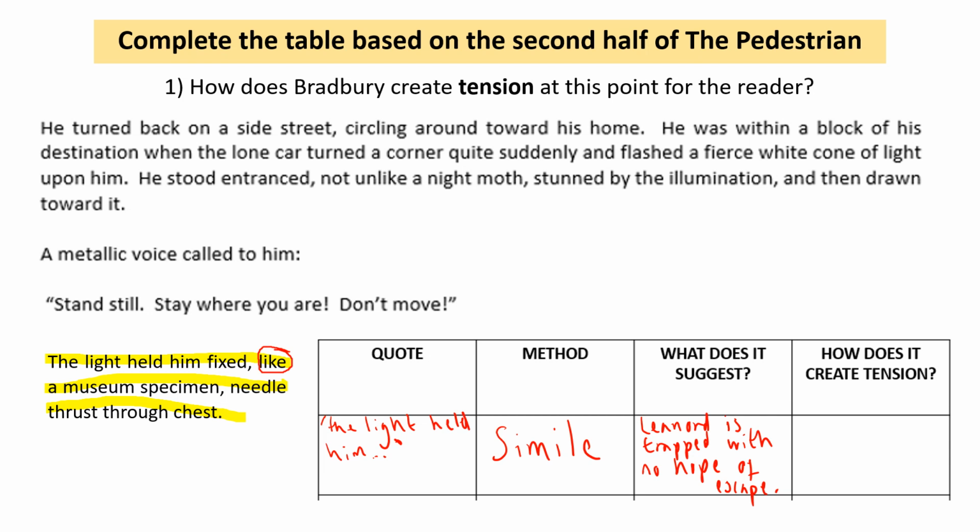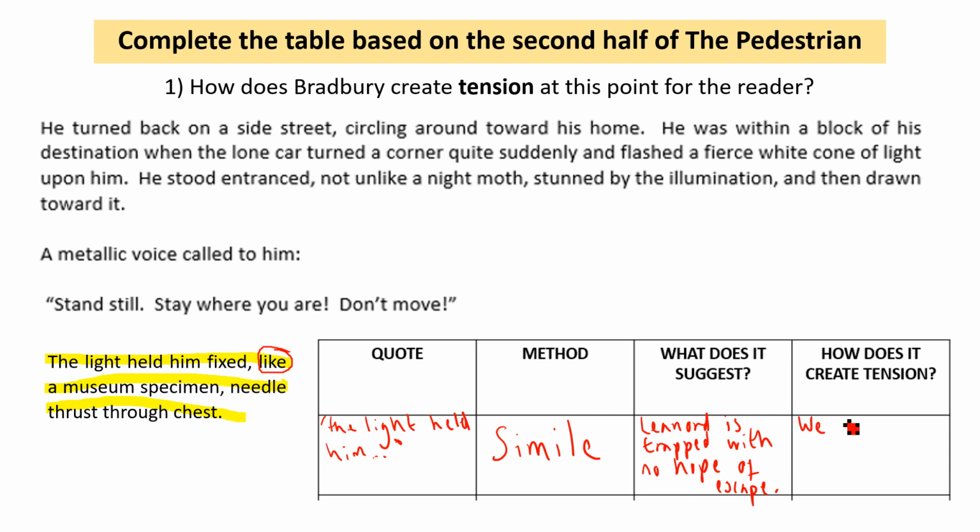Okay, now how does it create tension? Obviously we feel tense here because we suspect that perhaps Leonard won't be able to free himself from the police car, much like the insect and the animal who's being inspected by the museum. It creates tension.